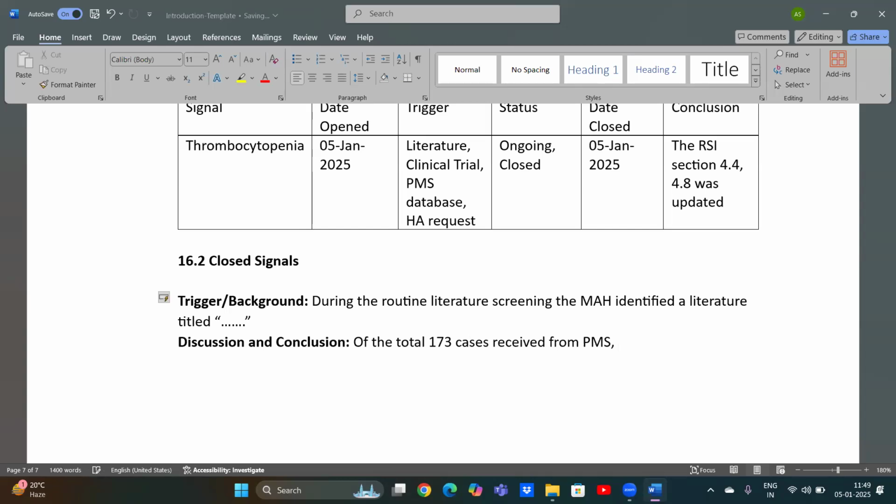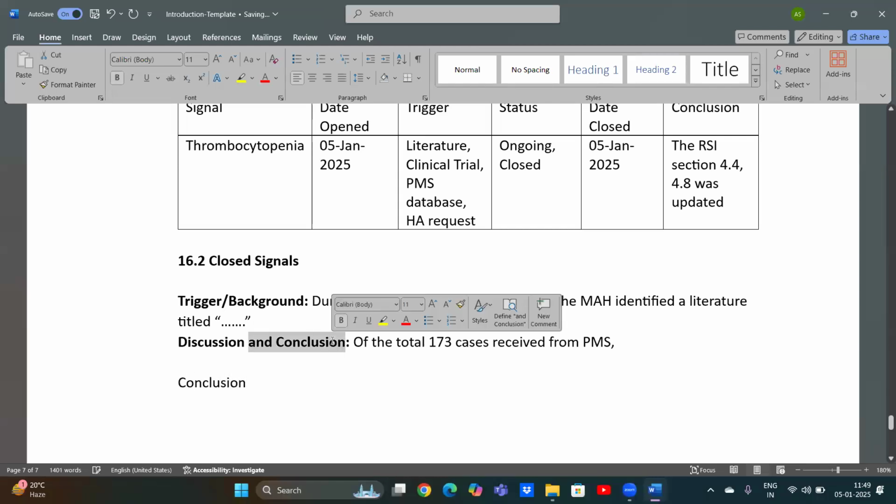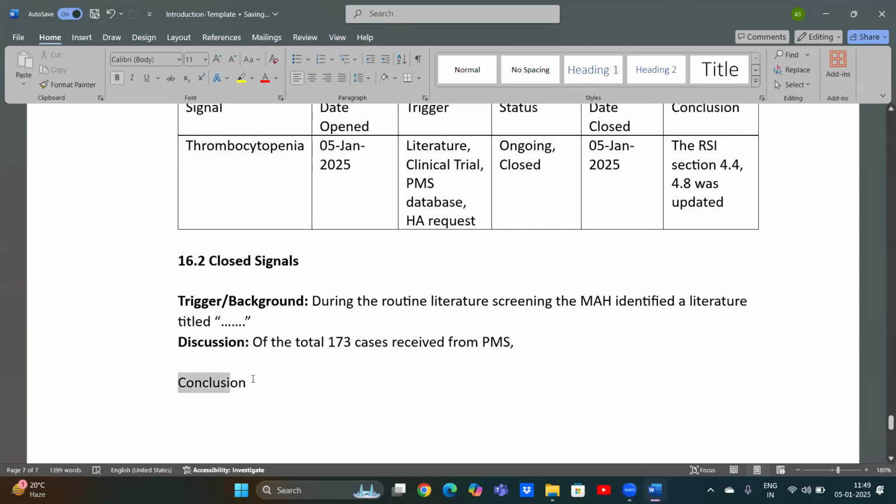This is how we write the analysis. You can write discussion first and then conclusion; this way it will be clear. This will be copy pasted from the signal evaluation report. Conclusion done.